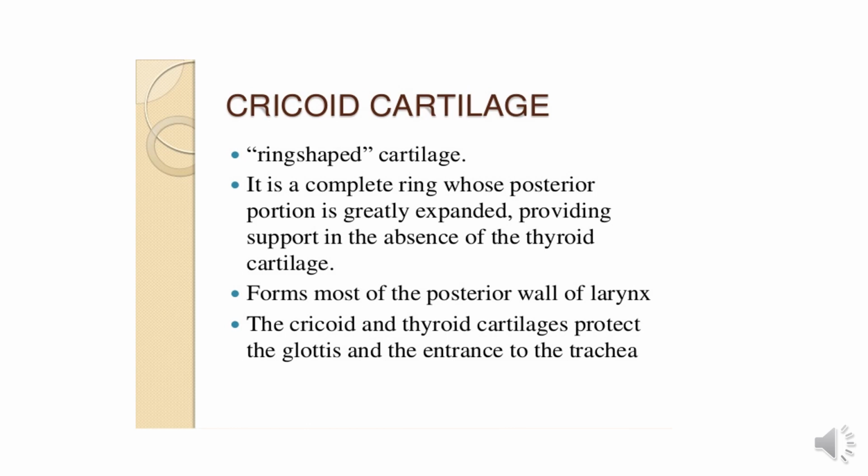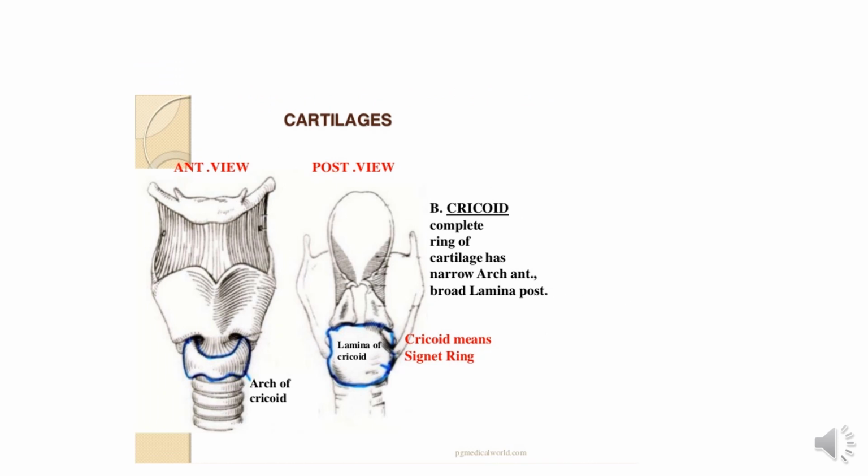It is seated between the trachea and thyroid cartilage. This diagram shows the arch anteriorly and the lamina posteriorly.